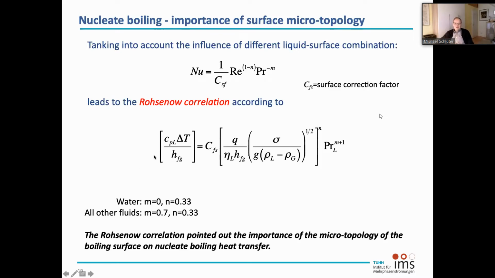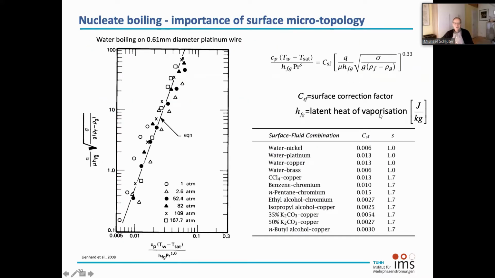Yeah, and here we have the Nusselt number once again. So this is our Rohsenow equation, and this equation pointed out the importance of the microtopology of the boiling surface for nucleate boiling already.